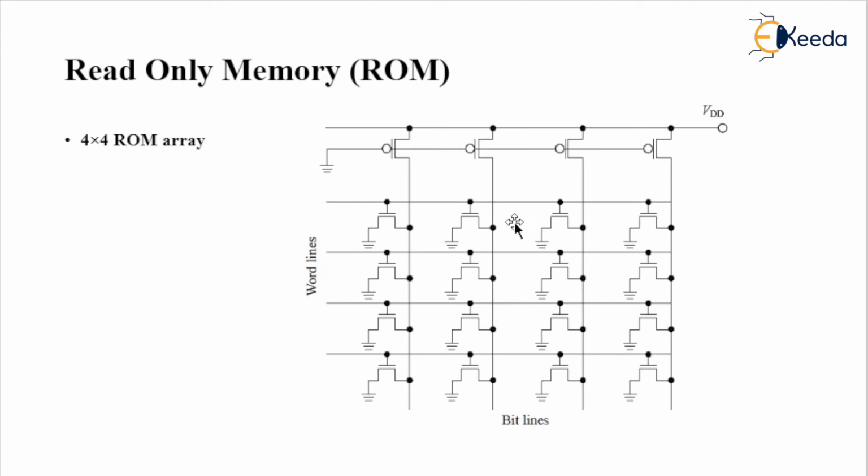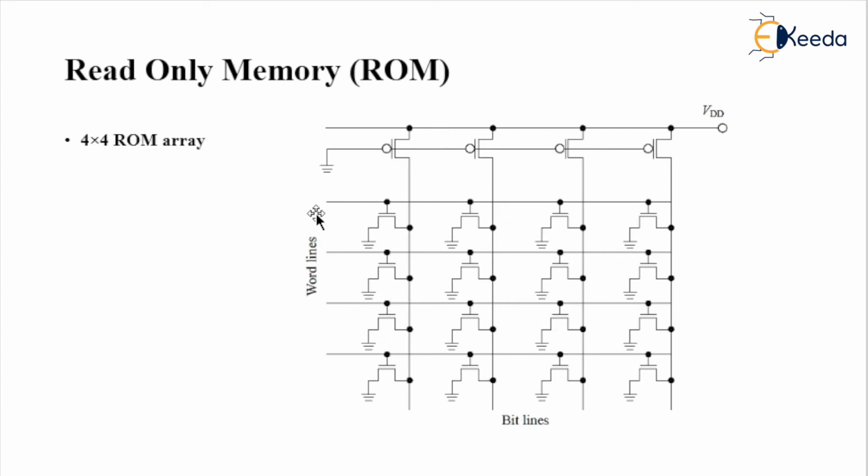I repeat, when the word lines are high, what is going to happen here? When the word lines are high, all the word line high inputs are connected to the gate terminals of all these NMOS transistors. See carefully, this line is connected to the gate. So all the word lines are connected to all the NMOS transistor gates.